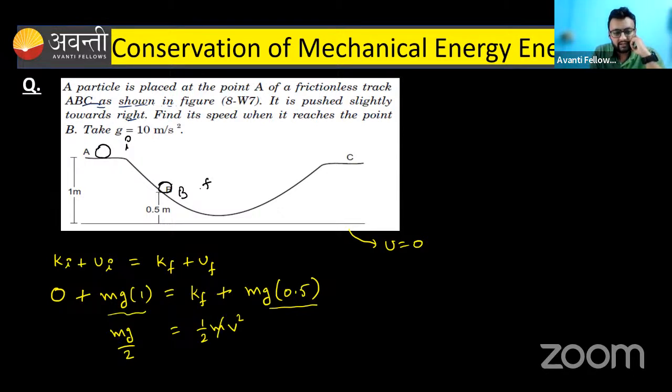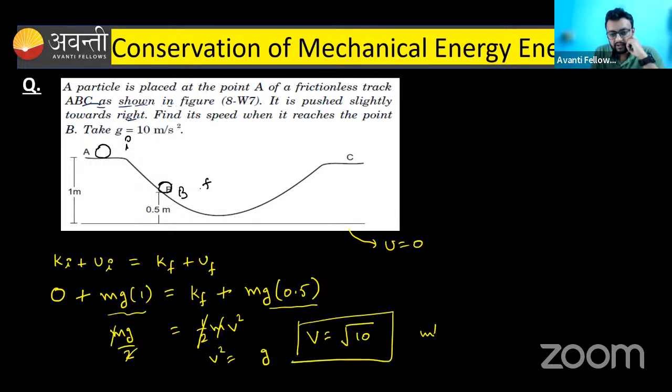So m got cancelled, half got cancelled. So v square is equal to g. v is equal to root 10 meter per second. We have taken g as 10. You can write it as 9.8 meter per second square. So that's the other case.